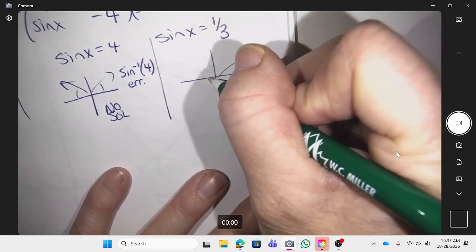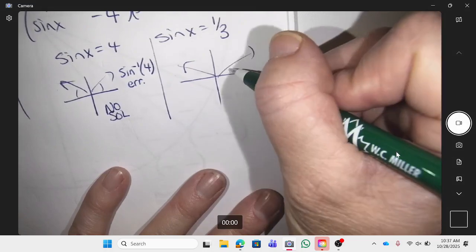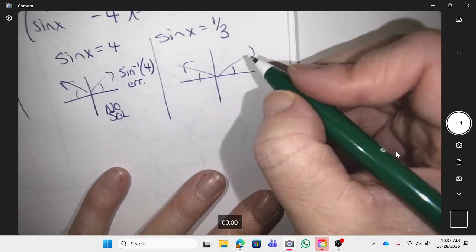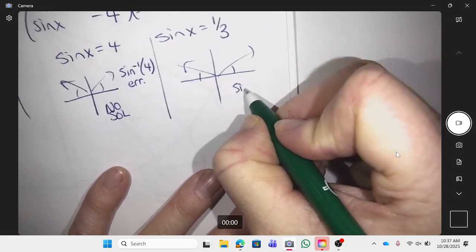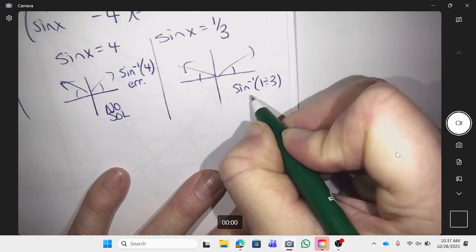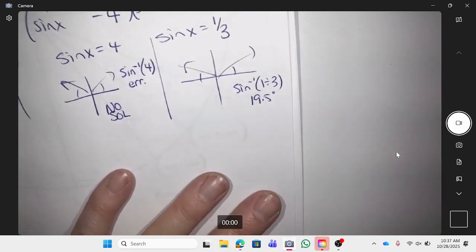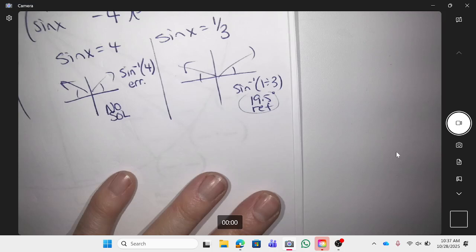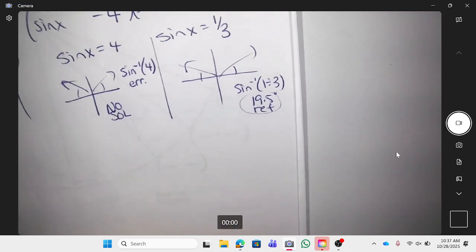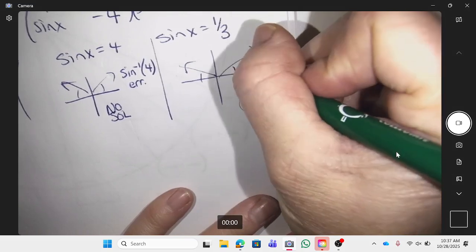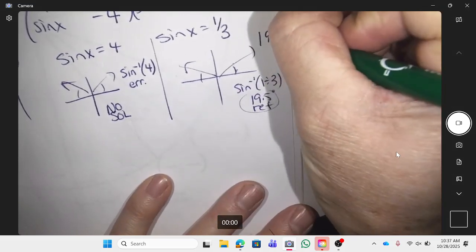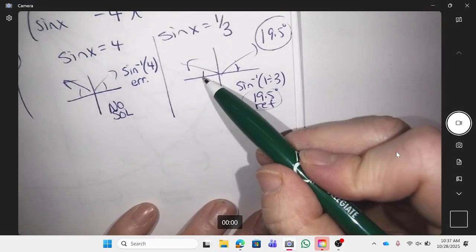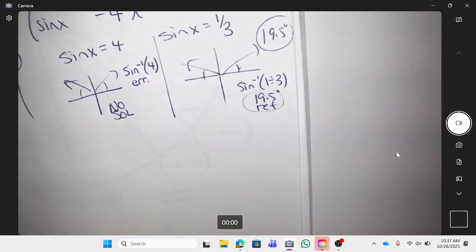So the other option, up, up. Okay, and then I'm going to sine inverse 1/3 to get 19.5 degrees. So I need to be 19.5 degrees off. So this is bigger than 0. So 19.5 degrees off. And I have to be 19.5 degrees less than 180, right?